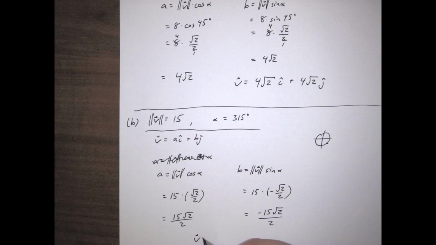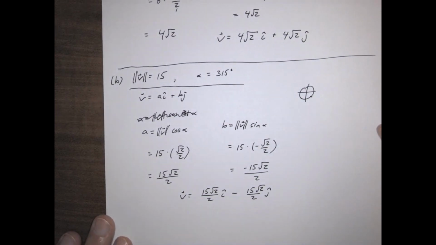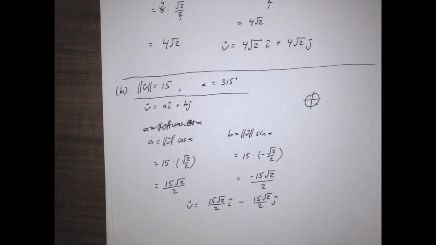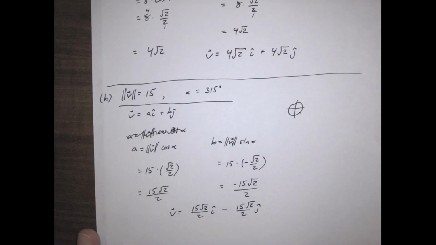And so then V would be expressed as 15 root 2 over 2 i minus 15 root 2 over 2 j. So this direction, just as it was for polar coordinates and just as it was for complex numbers, is the easier of the two directions because you don't have to make any adjustments for the quadrant. You just have to do whatever the sine or cosine tells you.